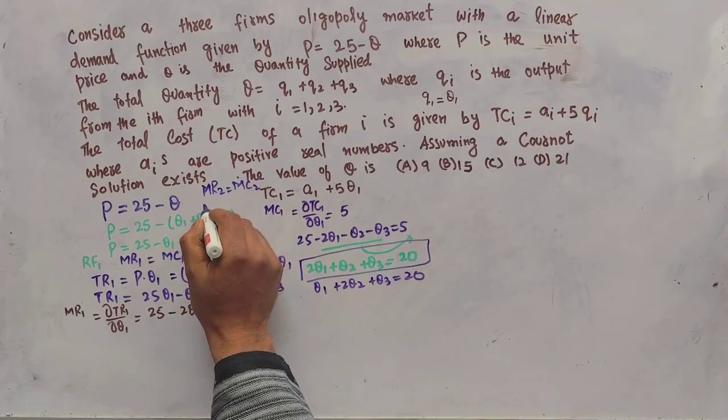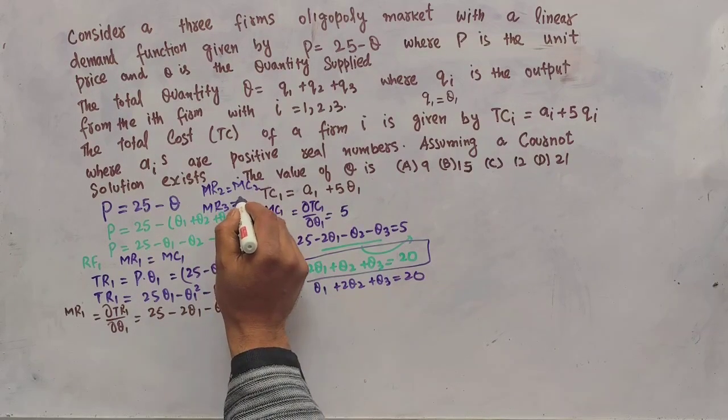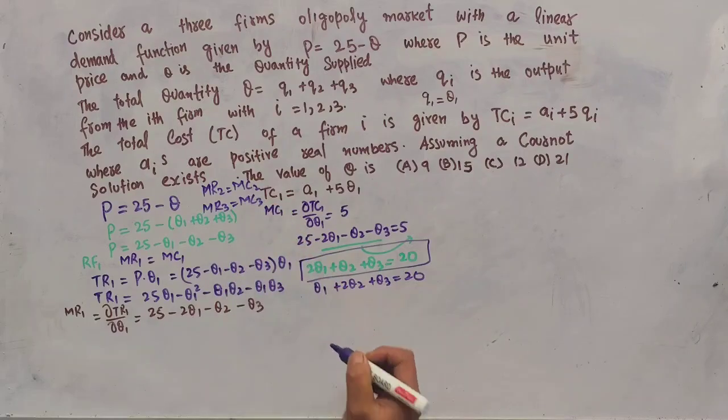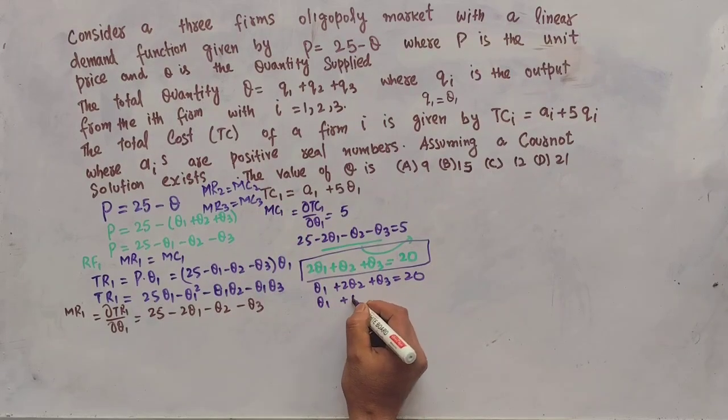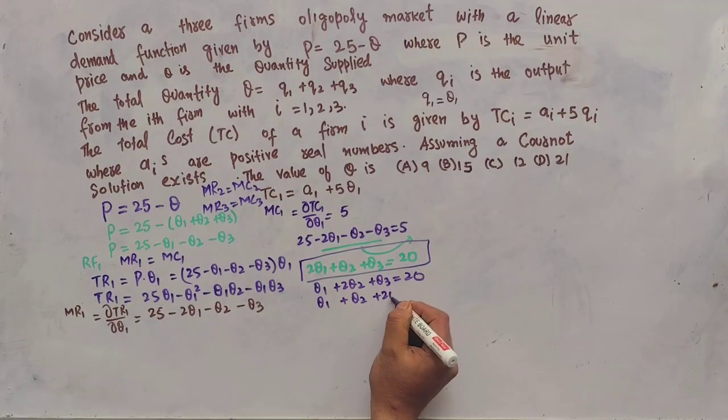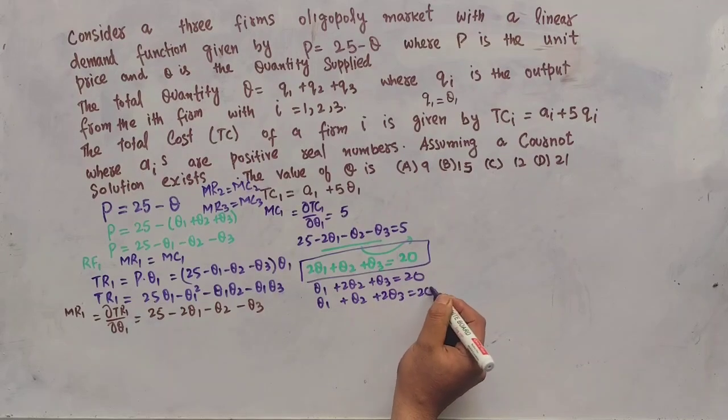Similarly, if you solve for MR3 equal to marginal cost of firm 3, it will come out to be Q1 plus Q2 plus twice Q3 equal to 20. So we have three equations with three variables and we need to solve this.